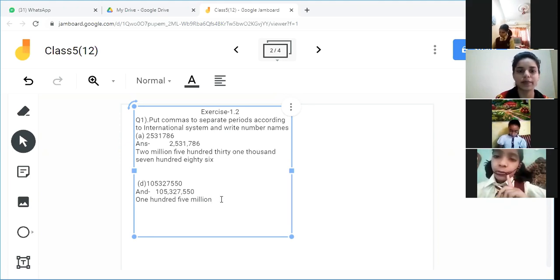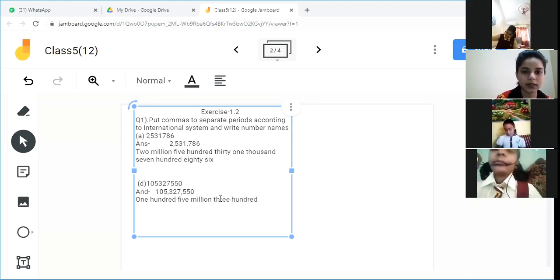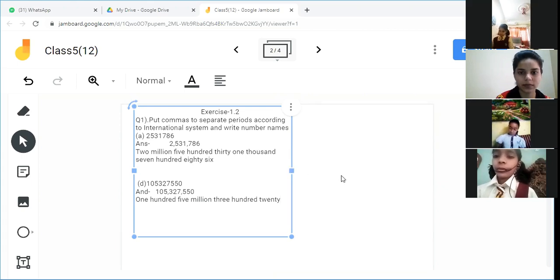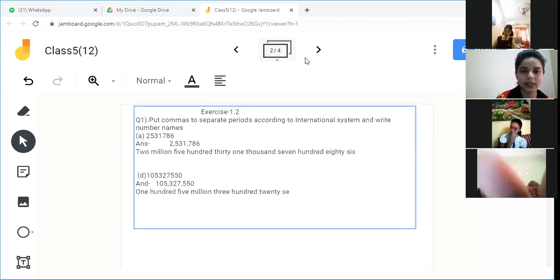In the thousand place, in the place value system. So 105 million, 327 thousand, 550.